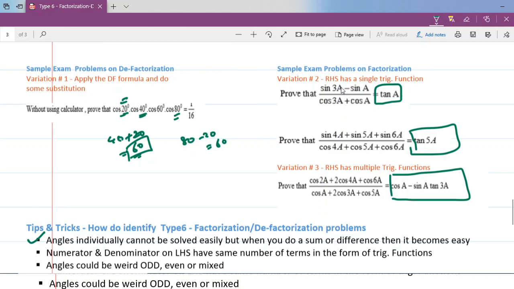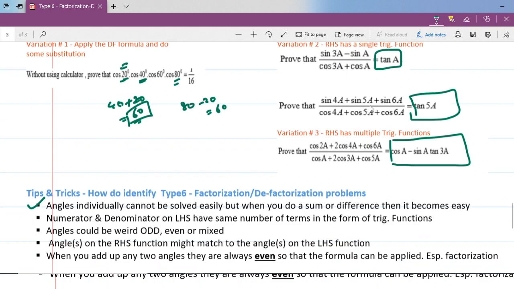So the numerator has 2 terms and the denominator has 2 terms. Over here also, the numerator has 3 terms and the denominator has 3 terms. Same here, it's 3 and 3. So the numerator and denominator will have the same number of terms in terms of trigonometric functions. That's another clue that this could be a factorization formula, because it makes perfect sense where you can apply the formula directly. So that's your second point.